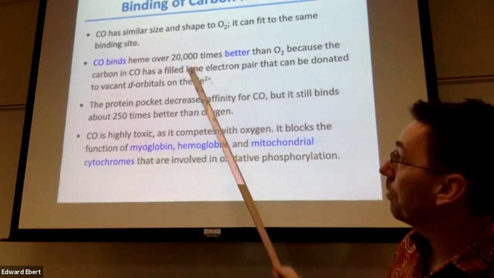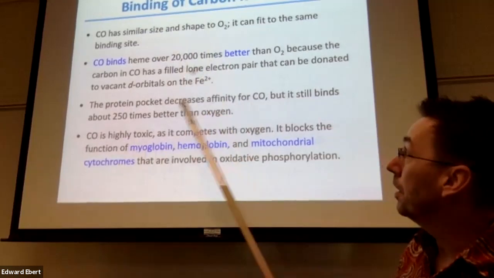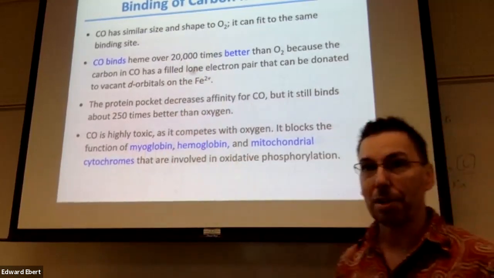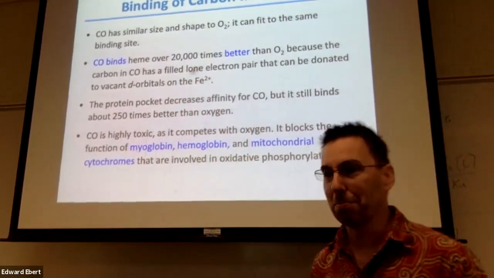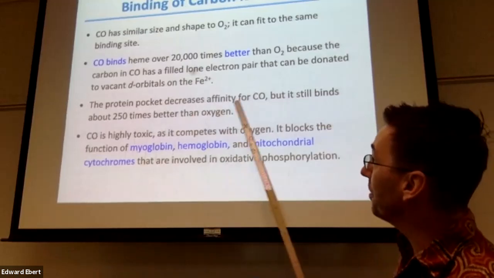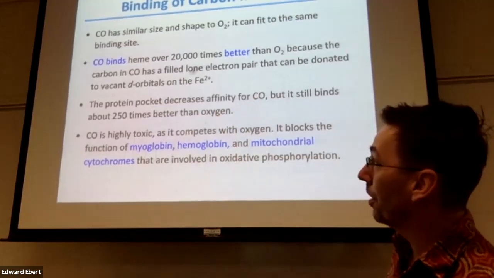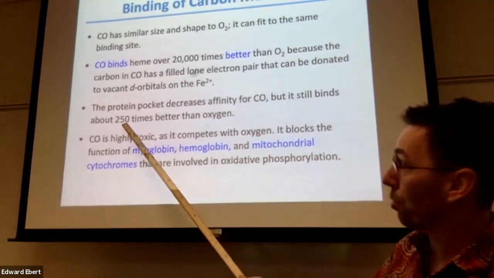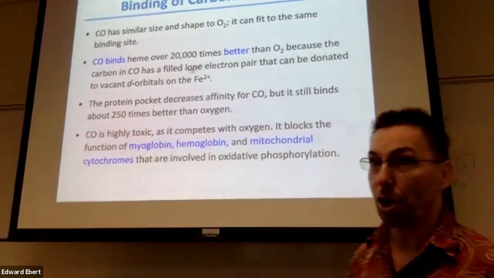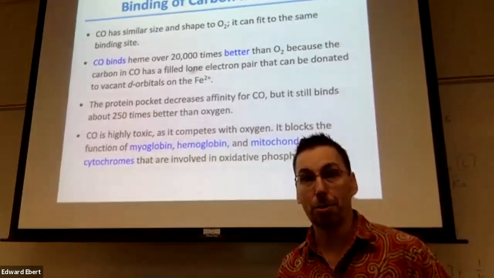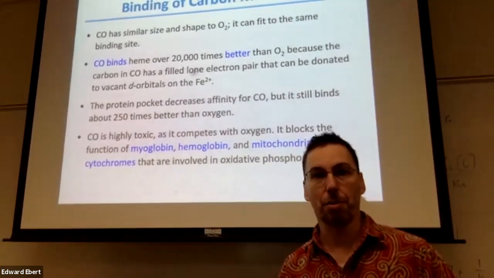So one of the ways we overcome this is the protein pocket is actually going to have some steric interference so that we can't fit that CO molecule in there as well. So it's going to reduce that by about 2 orders of magnitude. But still, carbon monoxide is going to bind 250 times better than oxygen in your body.